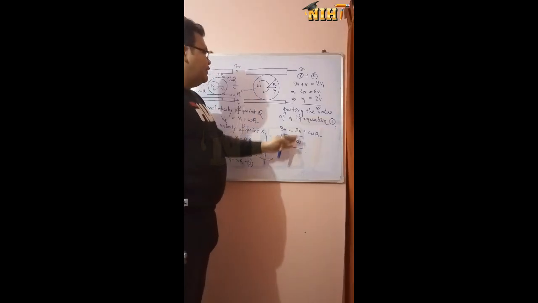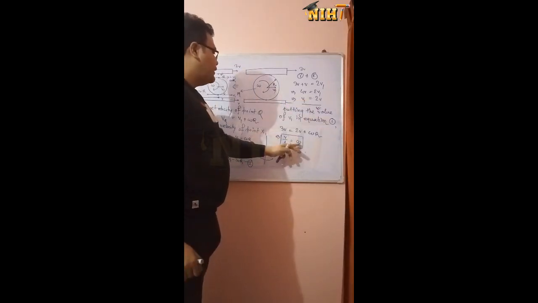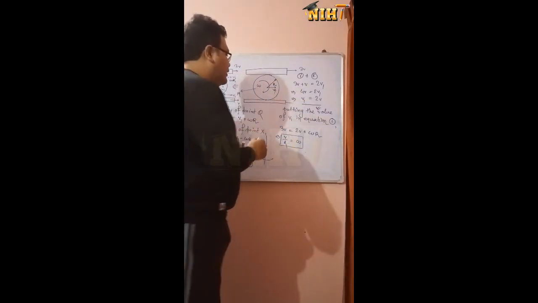So V1 is 2V and omega is V by R. Both are the right answer.